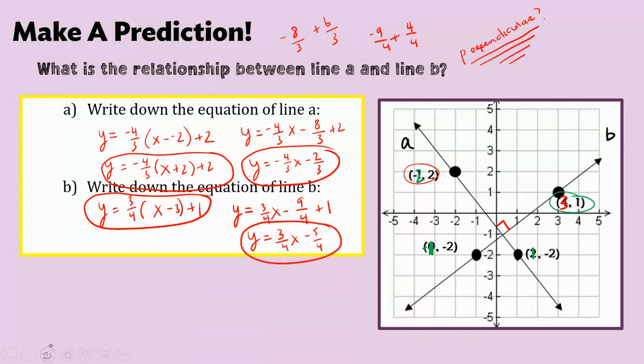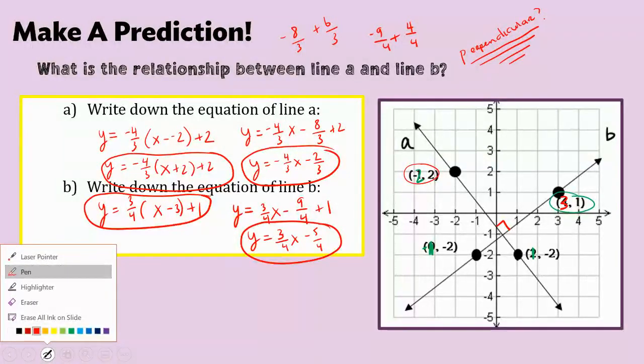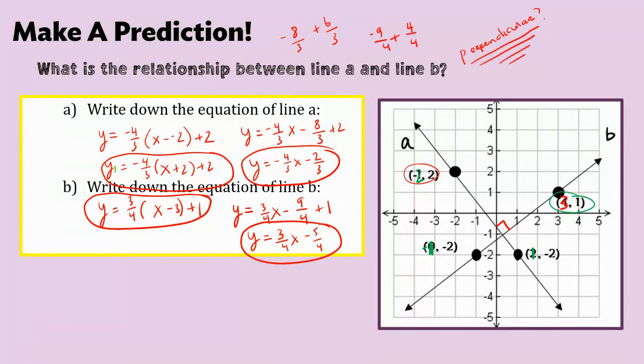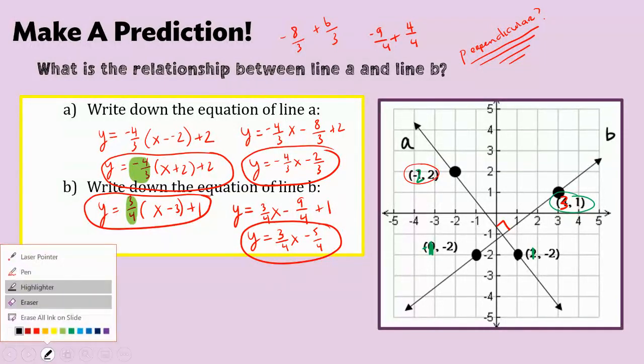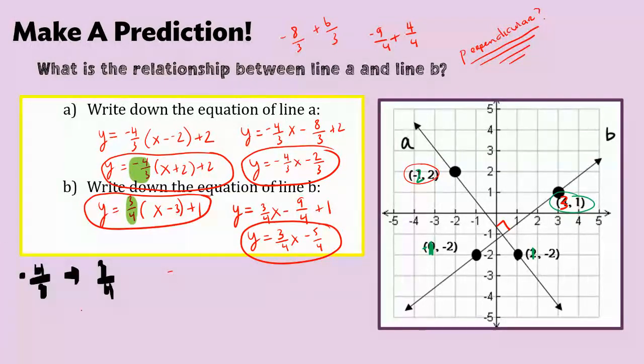Okay? So what is going on with these equations? If I take a closer look, I looked at the slope before, so let's do that again. Negative 4/3 and 3/4.